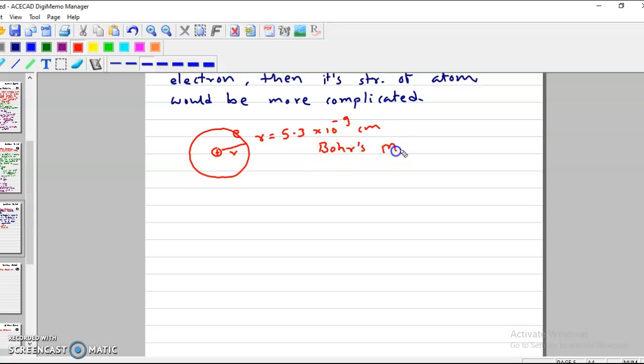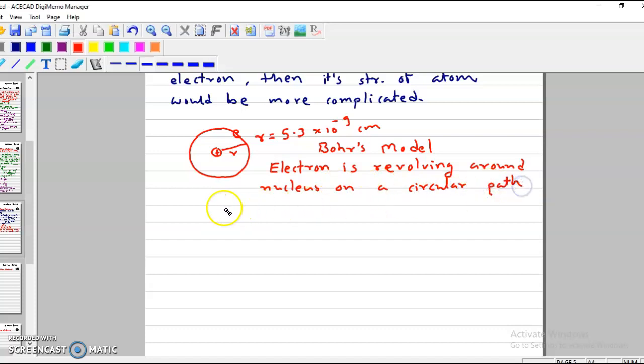In Bohr's model, we know the position of the electron, radius of the atom, the mass of the electron, so the momentum of the electron, the angular momentum of the electron, etc. So here the electron is revolving around the nucleus on a circular path, which is known as the radius of an atom.